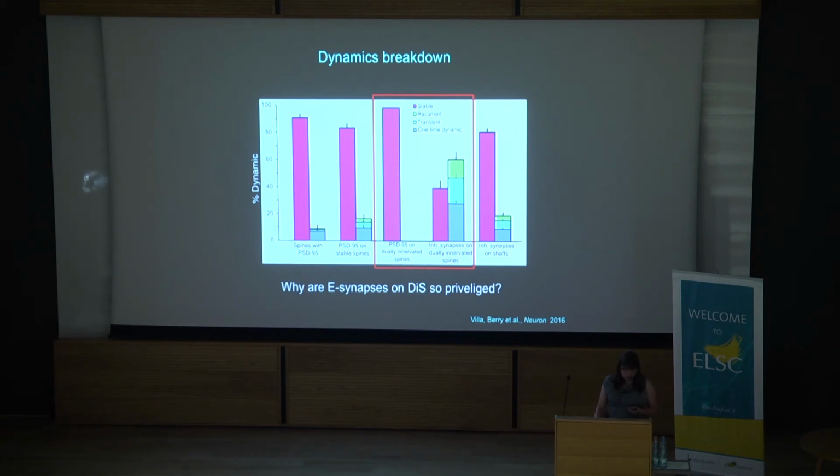And this actually can take us out of thinking about it just at the level of the neuron itself and its integration, but in relation to the local circuit and connectivity, because it means that not all contacts onto this neuron are being treated equally in terms of their stability.